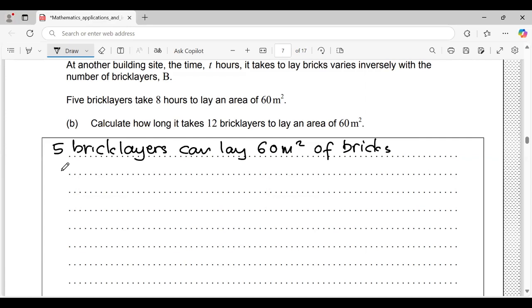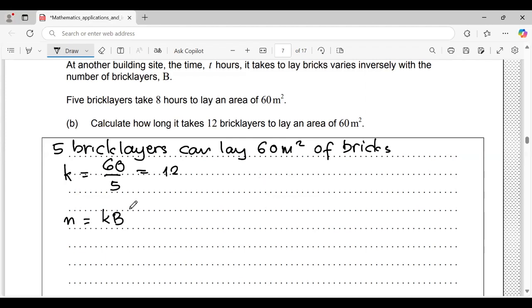So it means we can determine the constant K. K equals 60 over 5. 60 over 5 is 12. And next we are going to use the equation N equals KB.